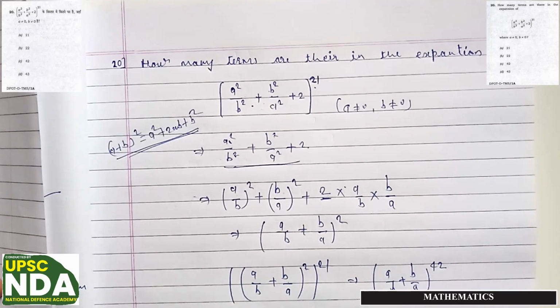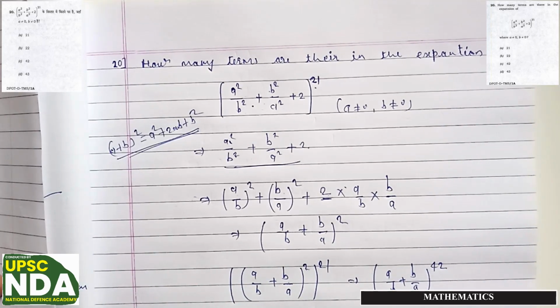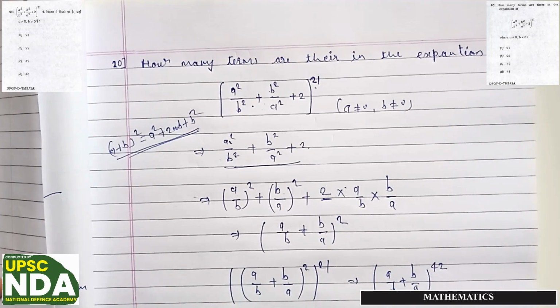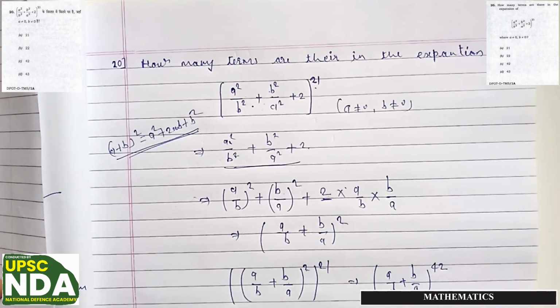So we have to apply one standard result from the binomial expansion. It is a very famous result, so anyone can understand it easily. We know that when we have (a plus b) raised to n as a term, we write the number of terms in the expansion of (a plus b) raised to n.